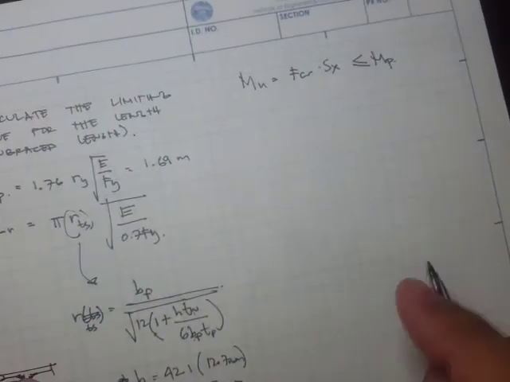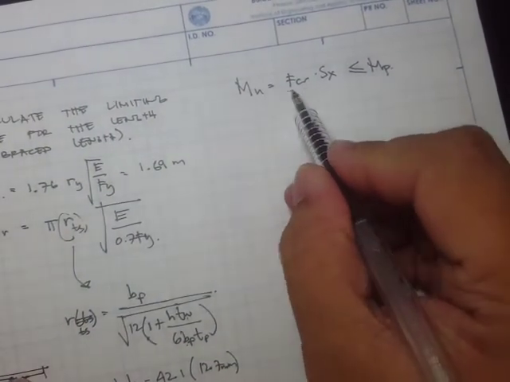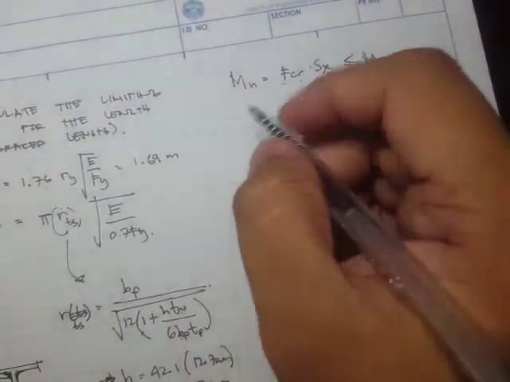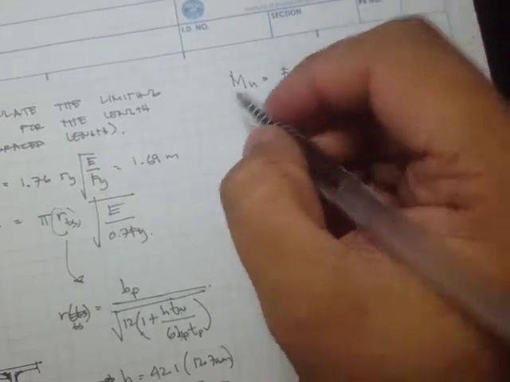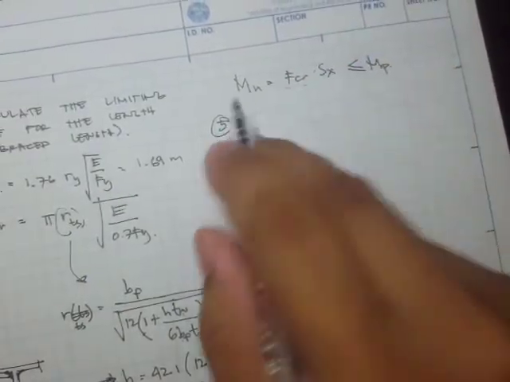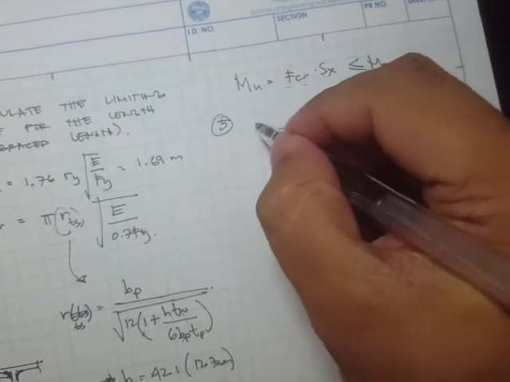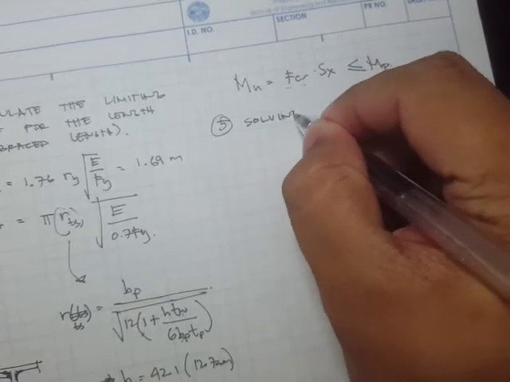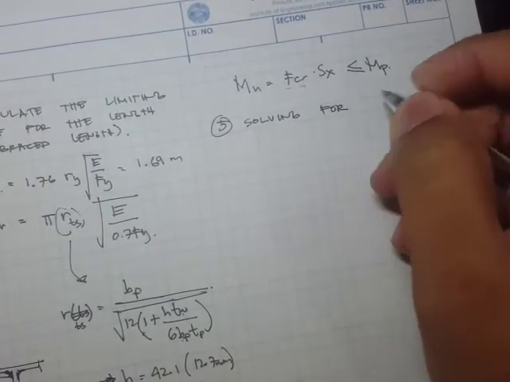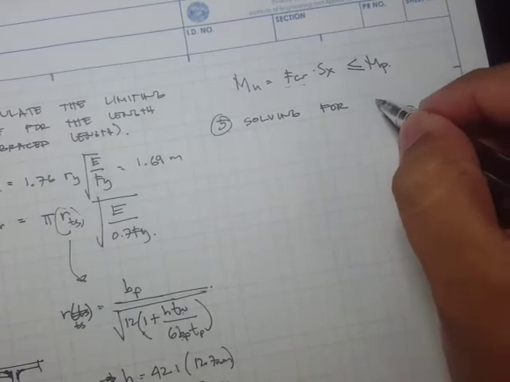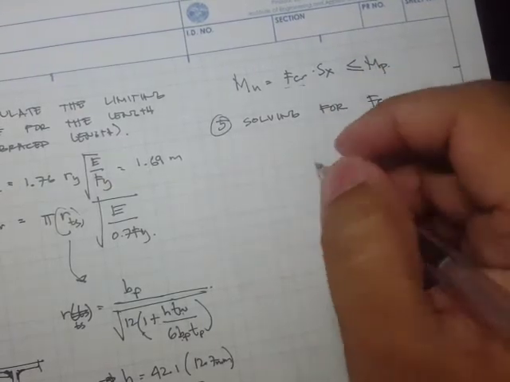Okay, so this is our equation. Now we have to solve for, that's right, this is step number 5, solving for the critical stress Fcr.